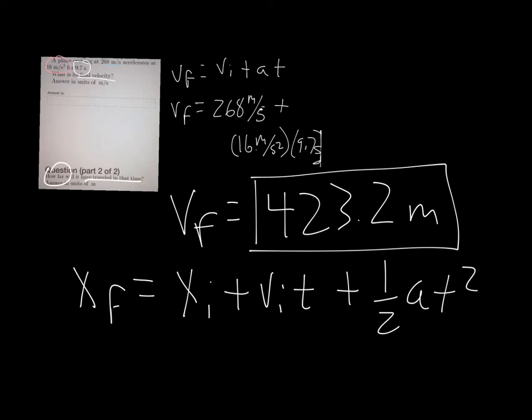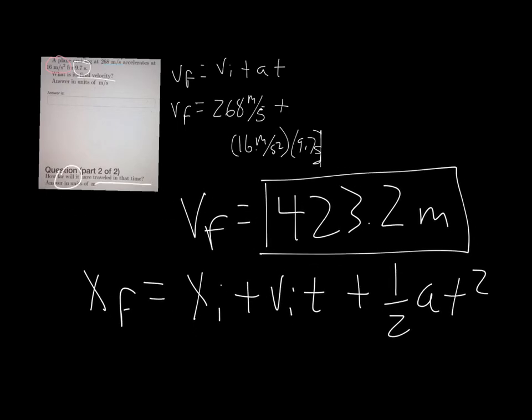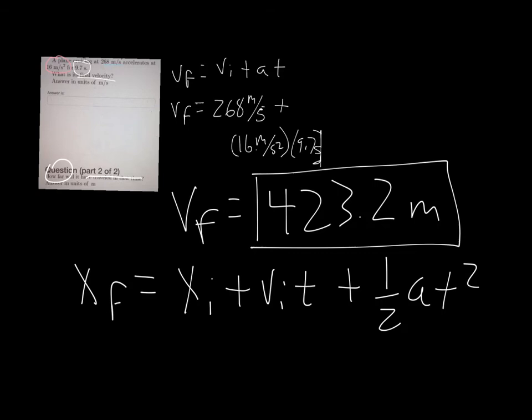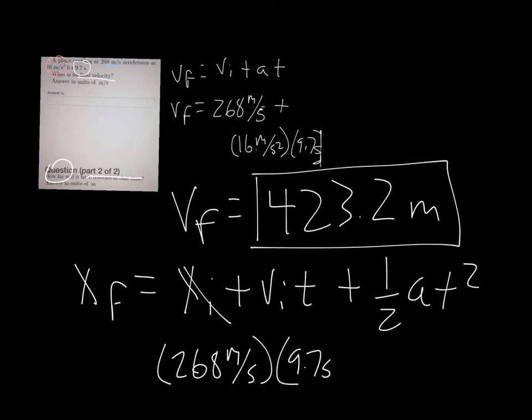So there is no starting position, so we'll get rid of XI, and then we'll plug in our values for VIT and 1/2 AT squared. So we will have 268 meters per second and your time is 9.7 seconds.